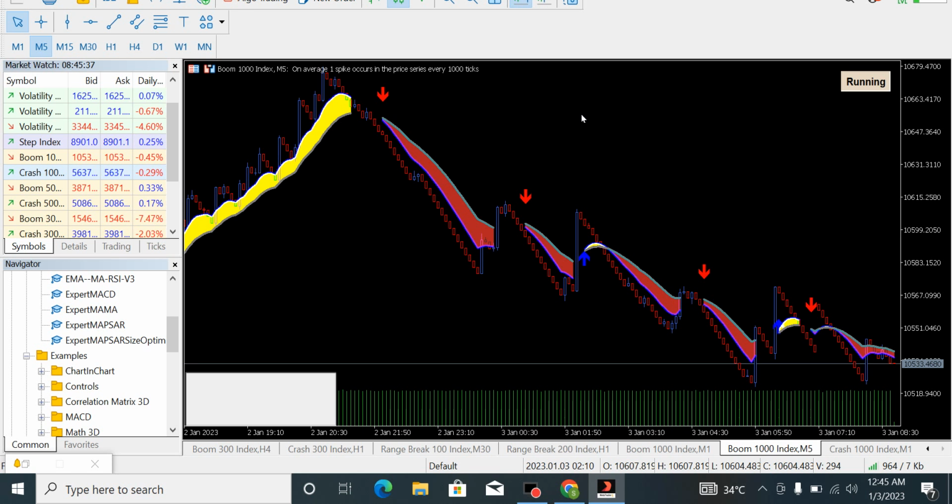The maximum lot size you can use is 3.0 lot size for $100 accounts. That is the maximum lot size you can use. And if you are using 1.0 lot size and you are creating 4 different orders, that means you've ended up using 4.0 lot size. You should be able to do the calculation right from there.